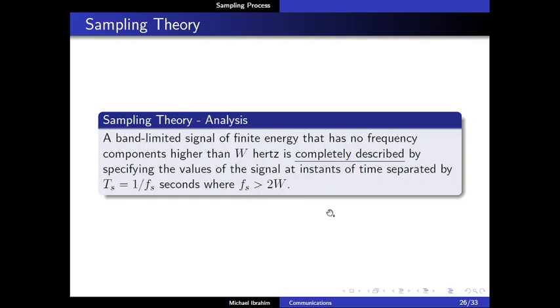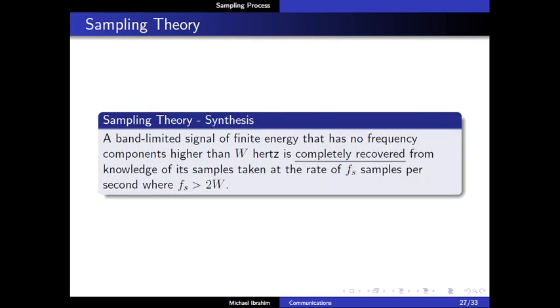It basically says a band limited continuous time signal of bandwidth W is completely characterized by the samples taken at instances nTs, where Ts is 1 over Fs and Fs must be larger than 2W, the bandwidth of the signal.